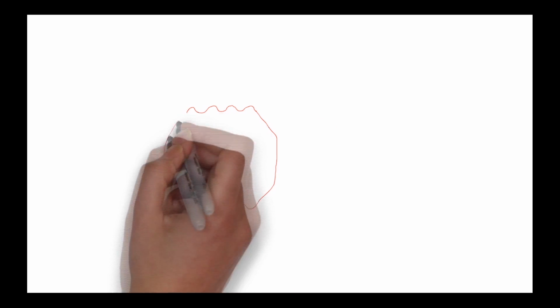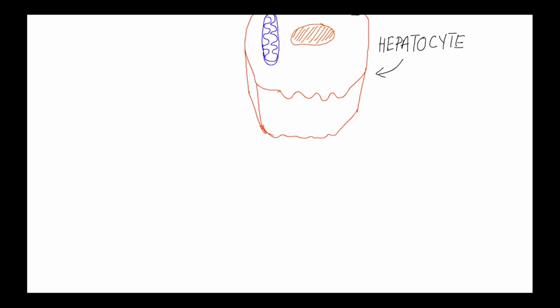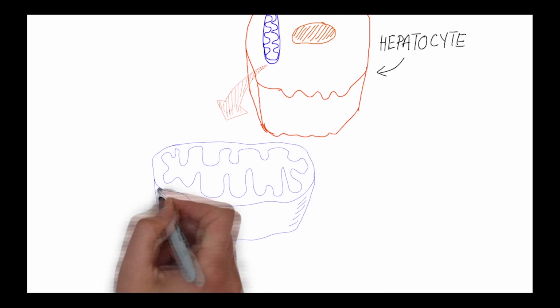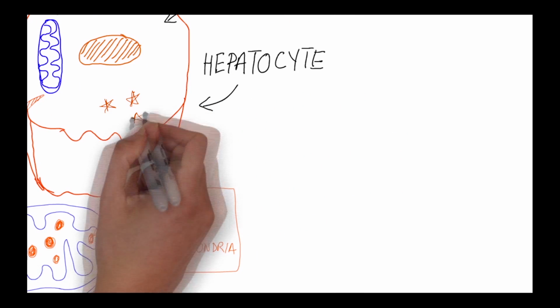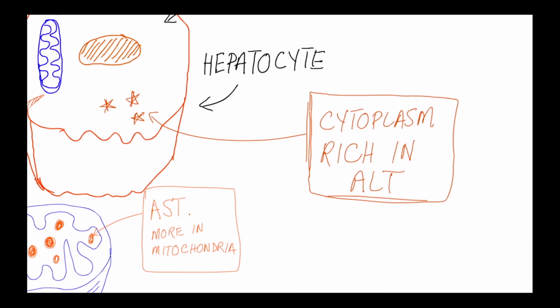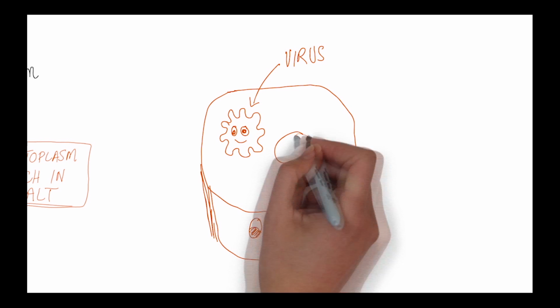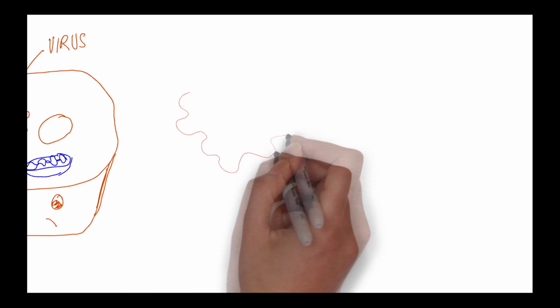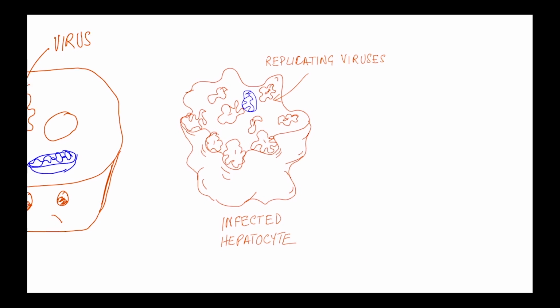First of all, in this context, a hepatocyte, remember this thing, that the ALT enzyme is present in the cytoplasm of the hepatocyte and AST enzyme is present in mitochondria. Now, when you're comparing the labs of a chronic alcoholic versus the labs of viral hepatitis, here is how you would differentiate them. When a virus enters a hepatocyte, it will replicate inside the cell finally to cause the cell to burst open.